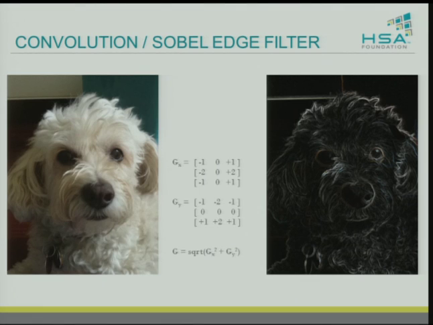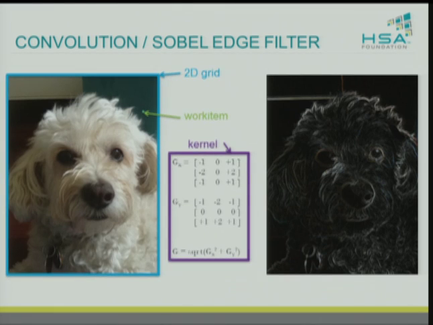What we want to do is run this mathematical calculation across every single pixel in the image. So it's a very, very parallel problem. And what I want to do is take this problem and kind of cast it in terms of the HSA terminology for a kernel execution, or the execution model. So this would be the kernel.